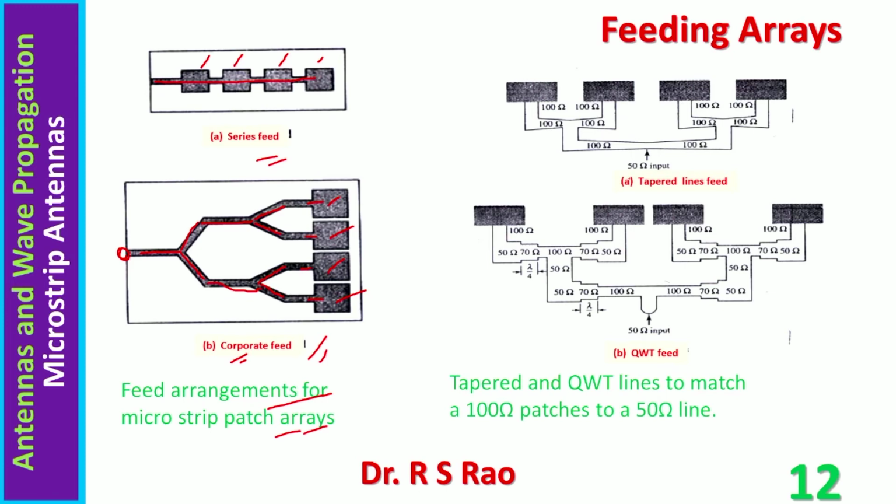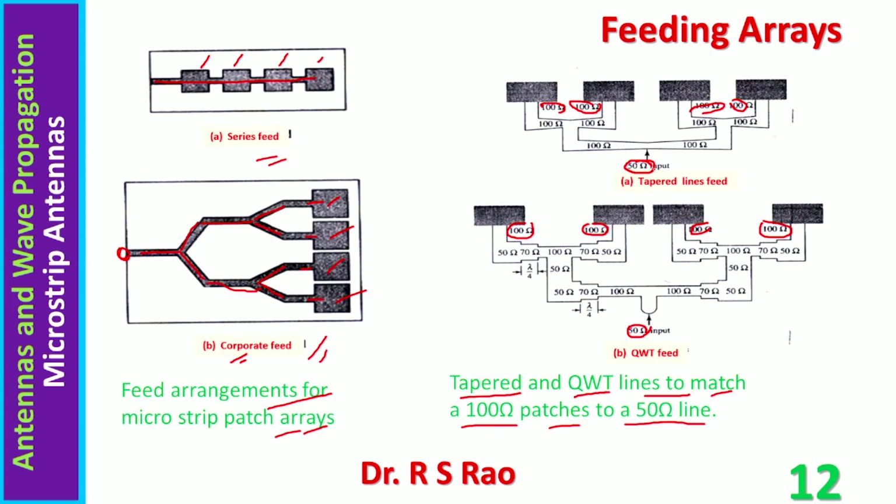Now another two figures are also illustrated. They show tapered and quarter wave transformer lines to match 100 ohm patches to a 50 ohm line. The line is 50 ohm, this 50 ohm, 50 ohm, whereas the patches are of 100 ohms. These are all 100 ohm patches. How is this line matched to the patches?